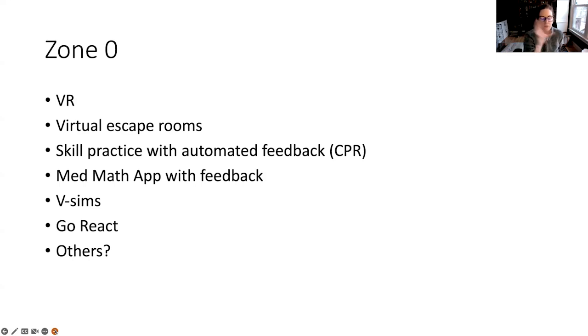And I know MedMath on the nursing side is a problem looking for an opportunity to best meet our learners, but that could be them doing individual problems in an app and getting automated feedback before they come to get coaching, so they sort of know what their challenges are.